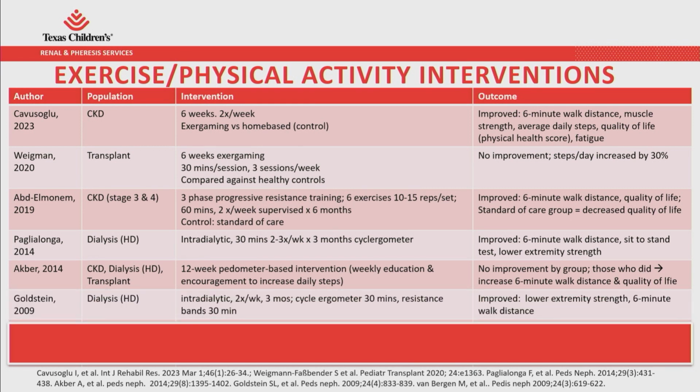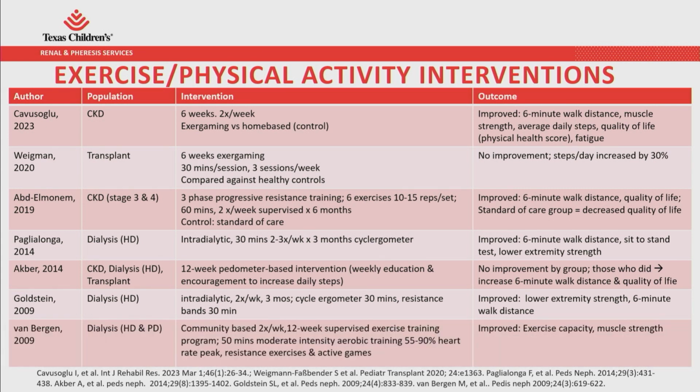And then this 2009 study, also interdialytic exercise 2 times per week for 3 months using cycle ergometer for 30 minutes and then resistance bands for another 30 minutes. Also showed increase in more functional metrics.